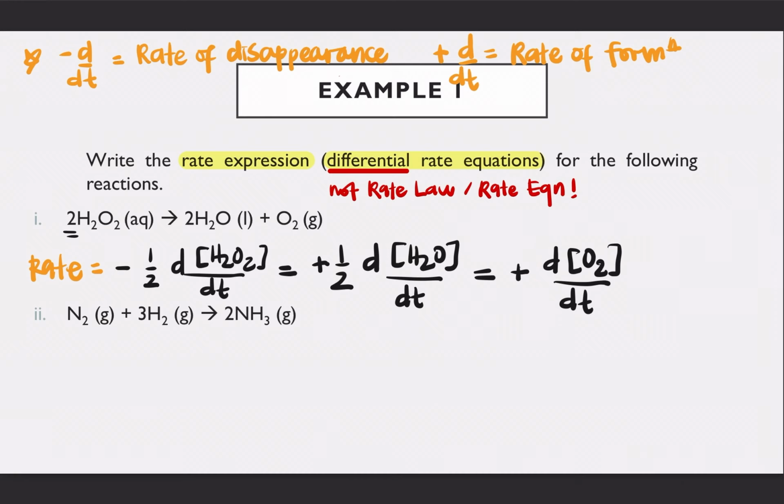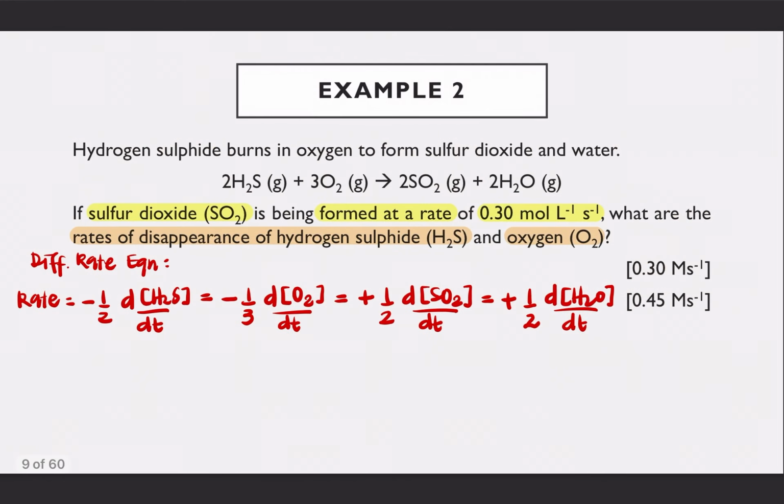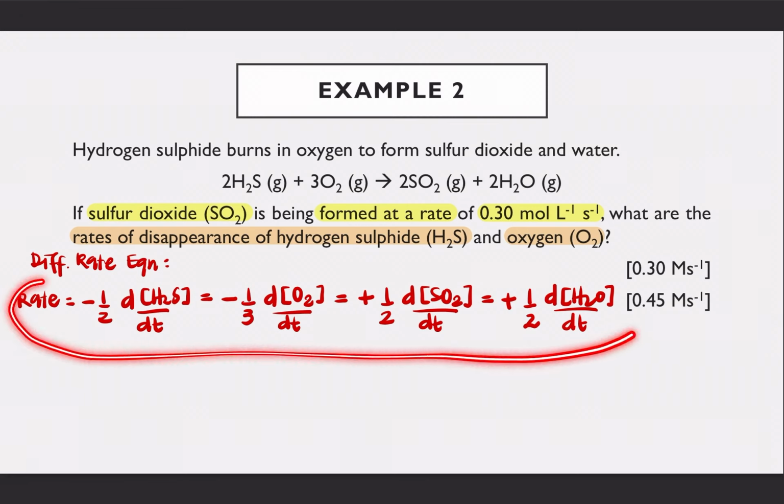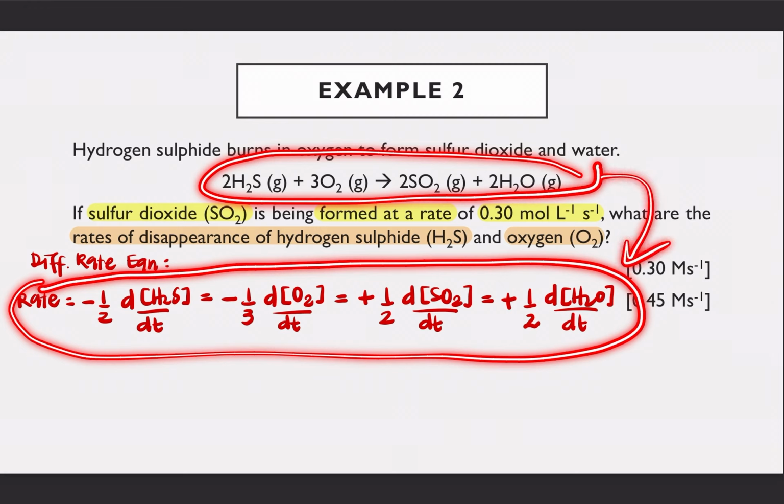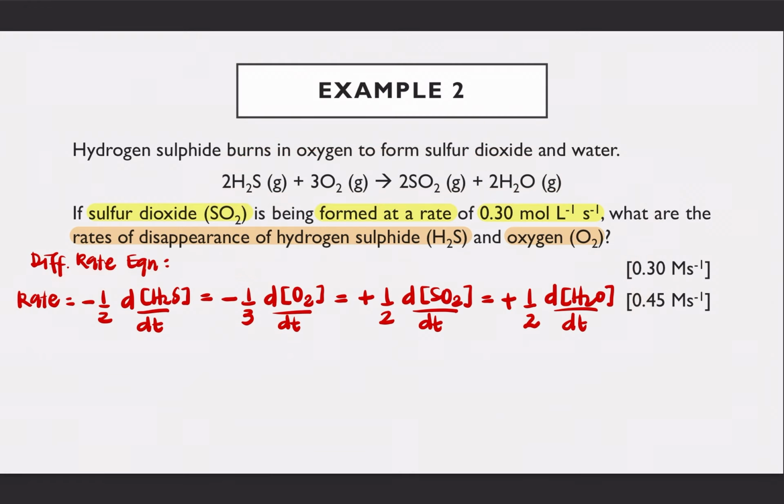Okay, right, ini you try doing it yourself. Okay, right, so you can also use your differential rate equation. Okay, ini saya dah tulis daripada this balanced chemical equation to find the rate of formation or rate of disappearance of your reactants or products.